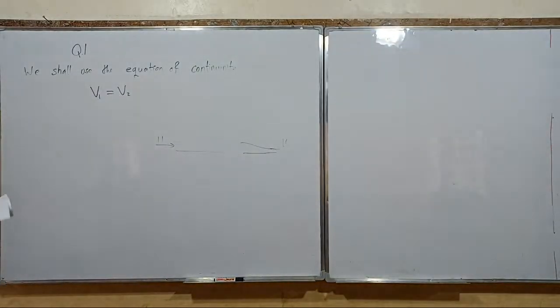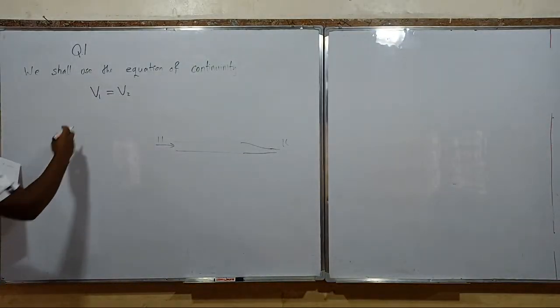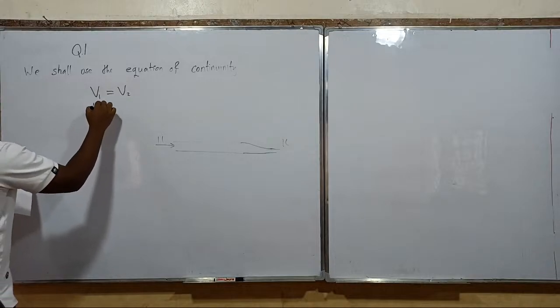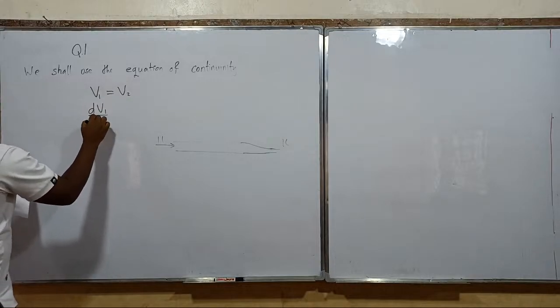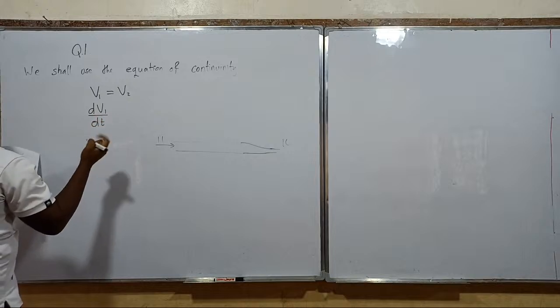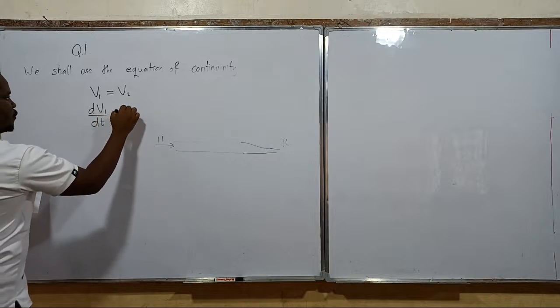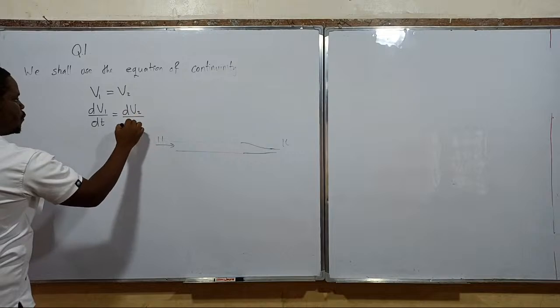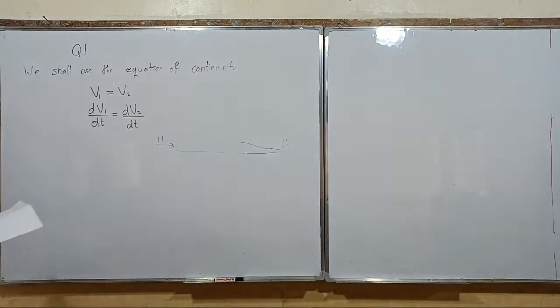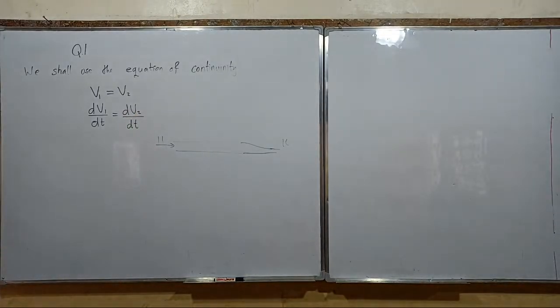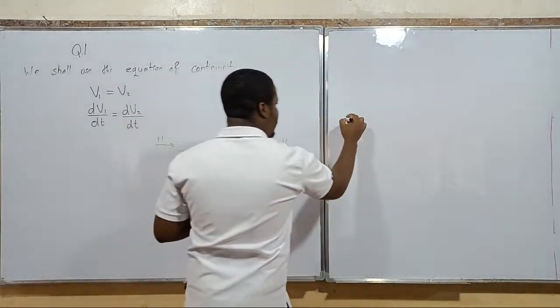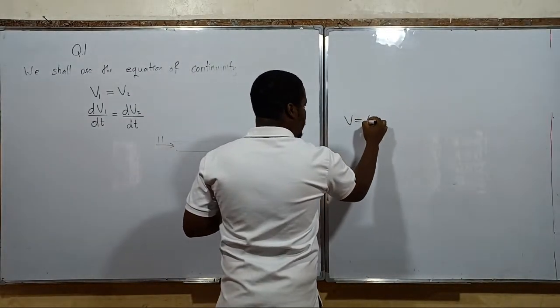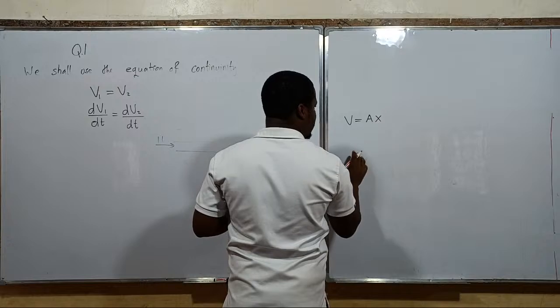So now we're going to bring in the change. The change in volume at 1 with respect to time, I can just say t, is equal to the change in volume at 2 with respect to time. So that's just volume over a certain period of time. Then it's important to note that volume V is equal to area times displacement.